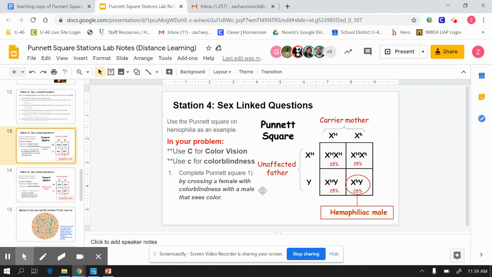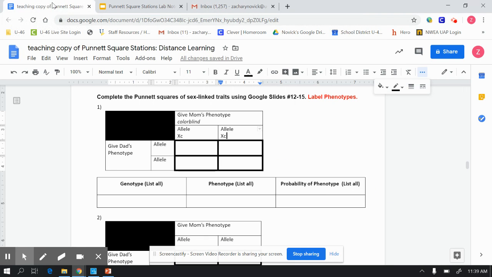We're going to do a male that sees color. Now remember, for a male, phenotype: sees color.